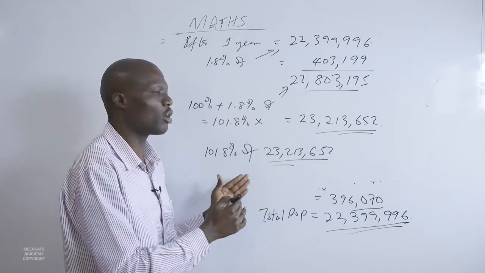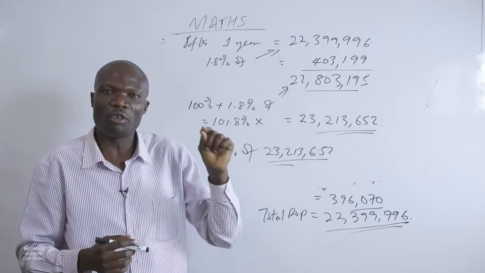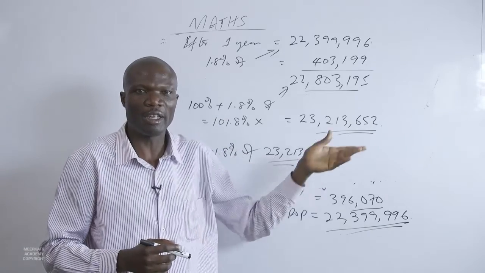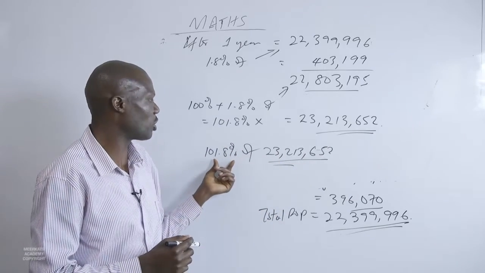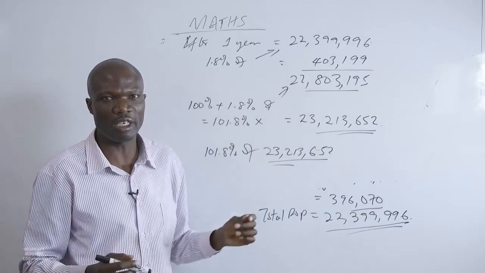So if you are talking of 1.8% of this year, next year you'll talk of 1.8% of the population as per next year. That's why I said you will not use a constant figure to keep on adding and say now this is 10 years.